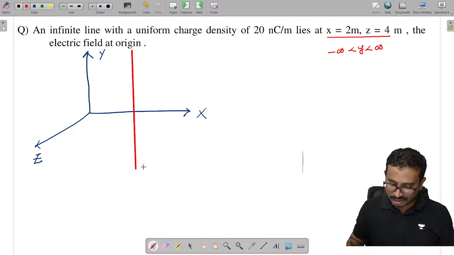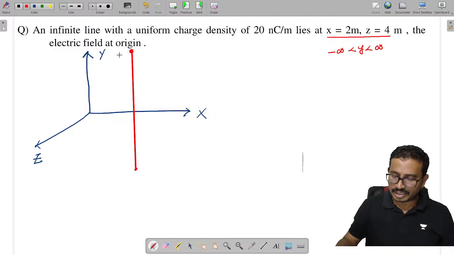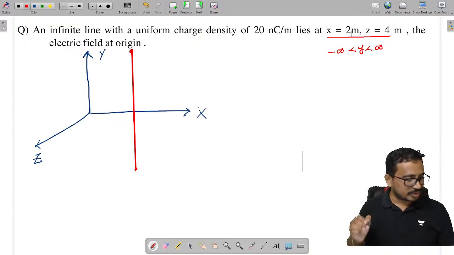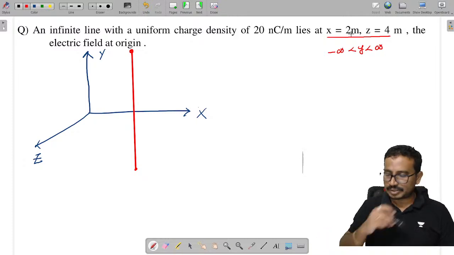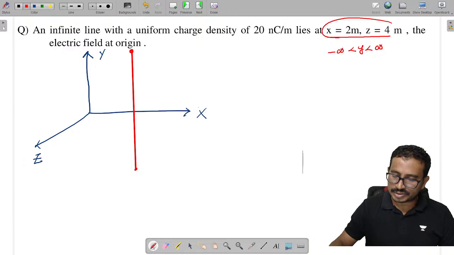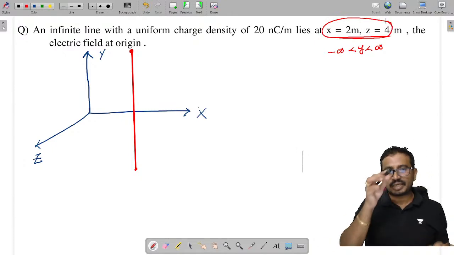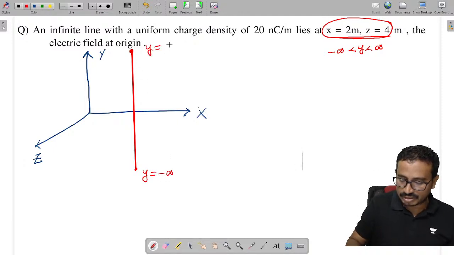Now if you take any point on this line, x value is always 2. Y value can be anything, but z value is how much? 4. X and z values are always constant, but y can be anything from minus infinity to plus infinity. Is this point clear?